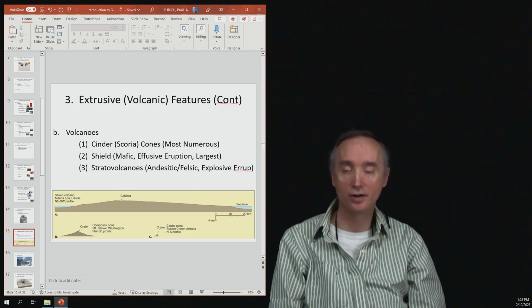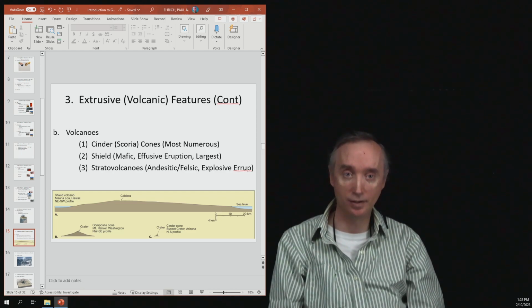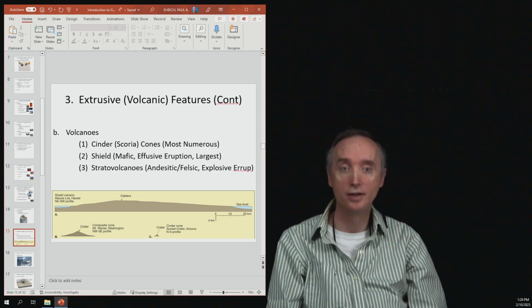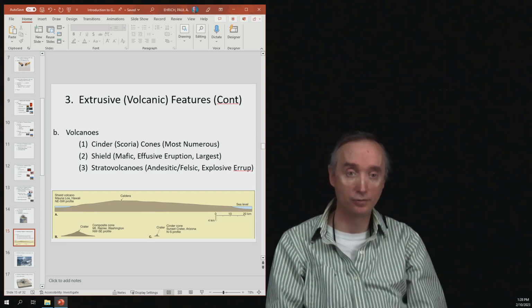So these are going to be composed of andesitic and felsic lavas, which are going to have a lot of silica in them, which means that they're very viscous, which means that they tend to clog up the volcano, and then pressure builds until the eruption explodes the volcano.